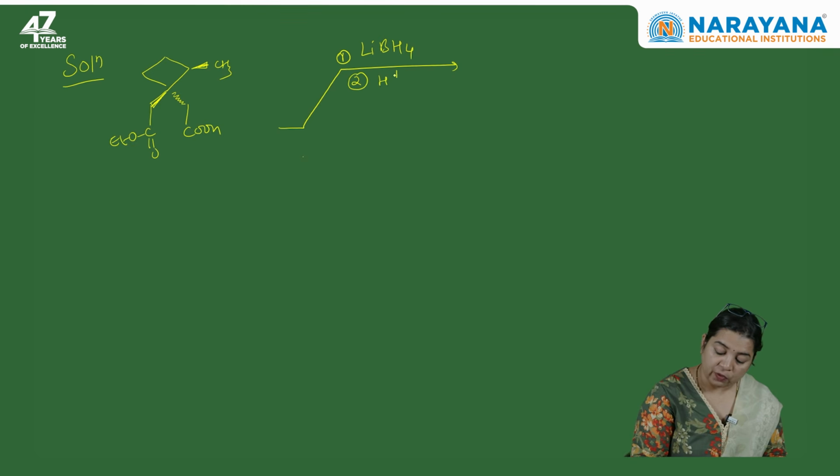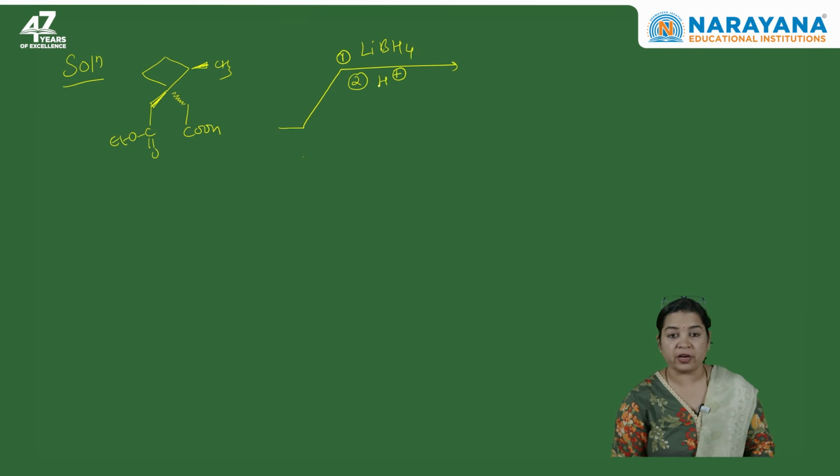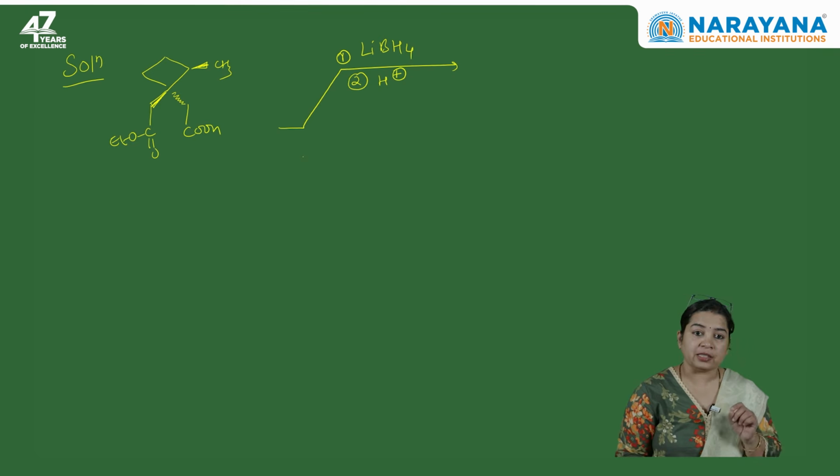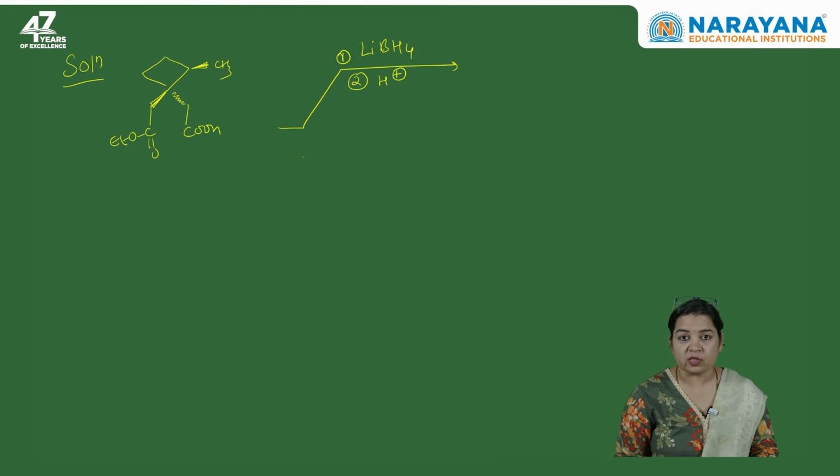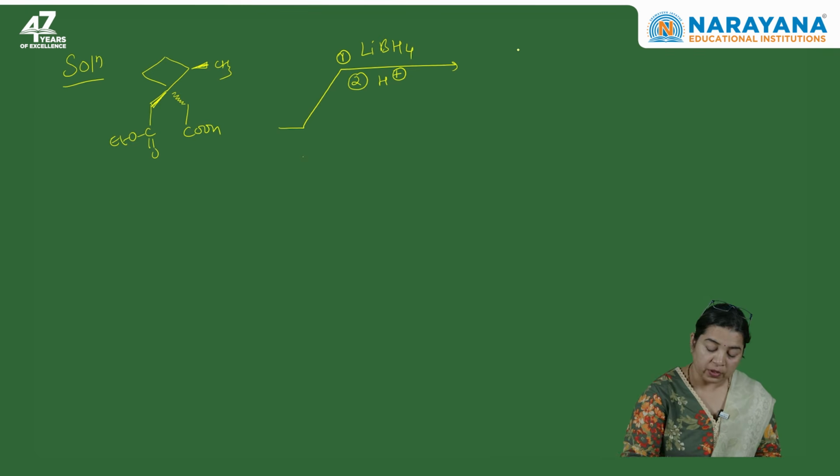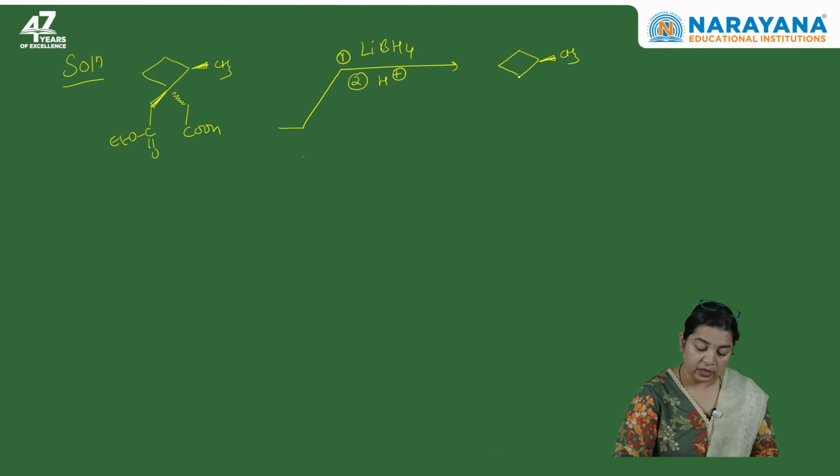And when it says followed by H plus, if you have read the NCERT carefully, it has clearly mentioned that acid and alcohol, if placed in acidic medium in presence of HCl or H2SO4, esters are formed. So let us draw the possible product, CH3, wedge, and this will become CH2OH.